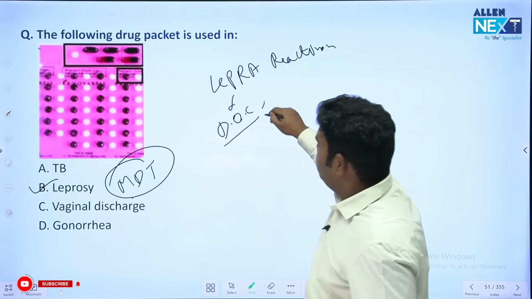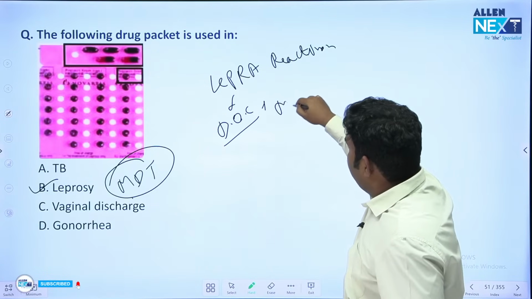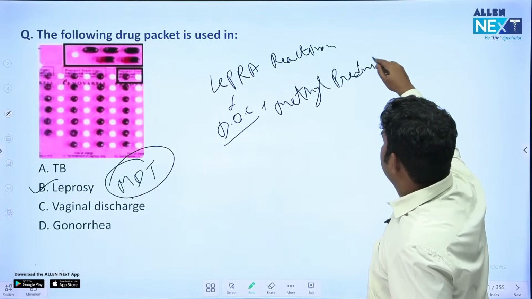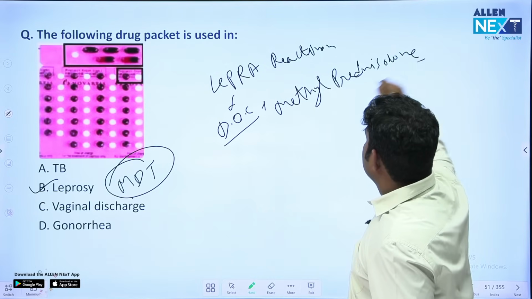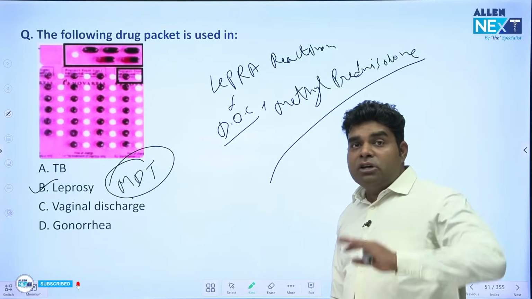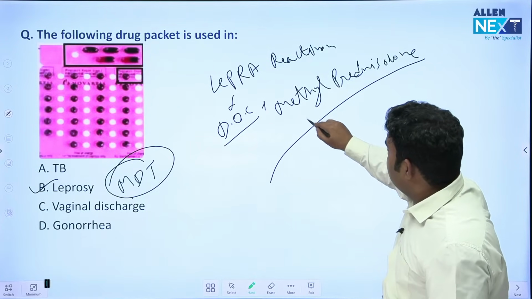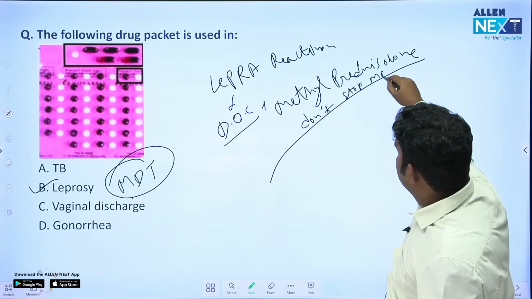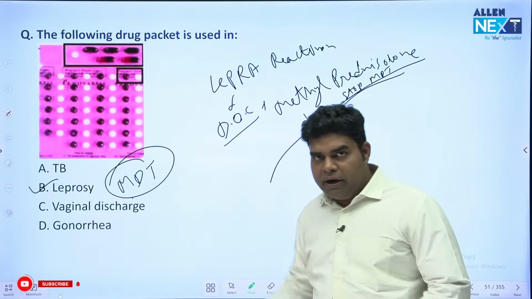Drug of choice is methylprednisolone. Now tell me, when I am taking methylprednisolone, should I stop my leprosy medicine or continue taking it? Answer is, don't stop leprosy medicine, continue taking MDT, multiple drug therapy for leprosy, which is shown here.